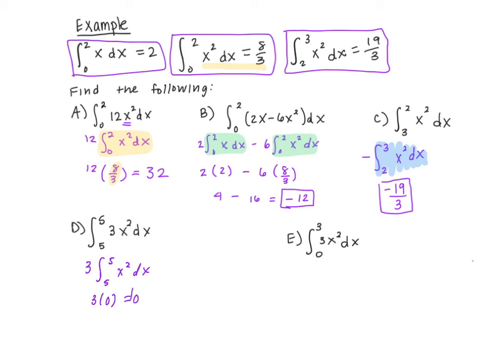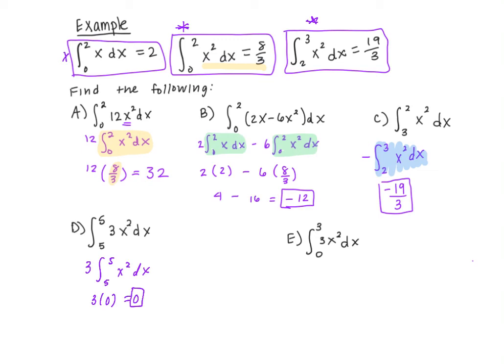And part e, you've got from 0 to 3. Well, none of my integrals at the top go from 0 to 3. So I am going to break it apart between 0 to 2, this one, and 2 to 3.